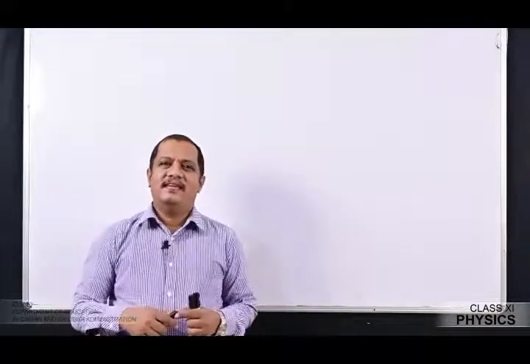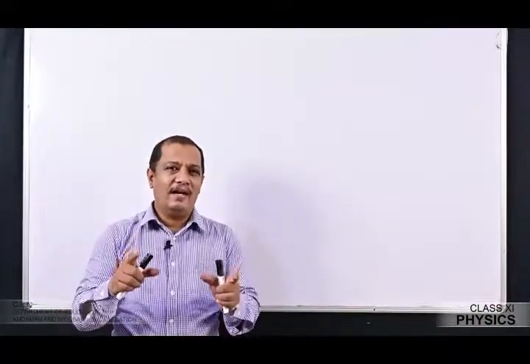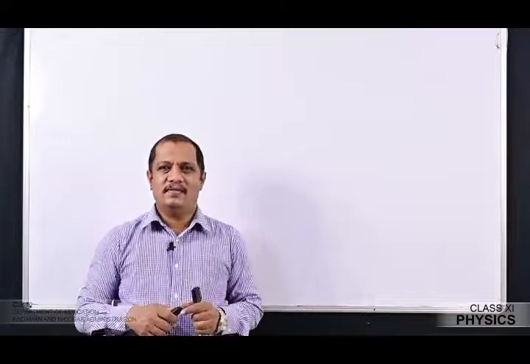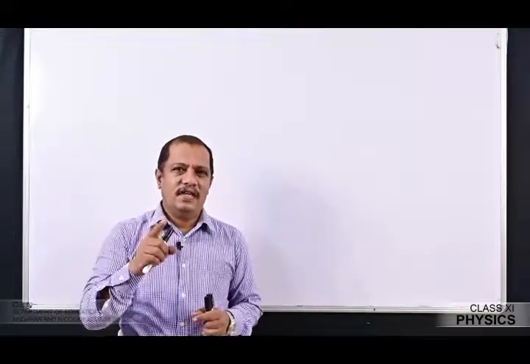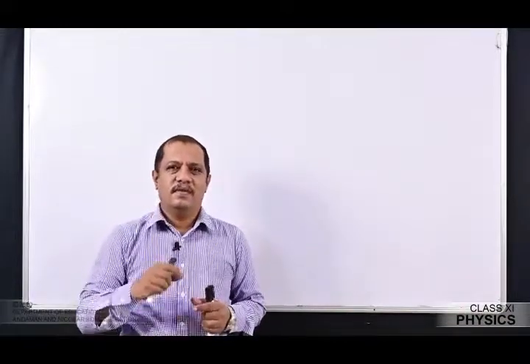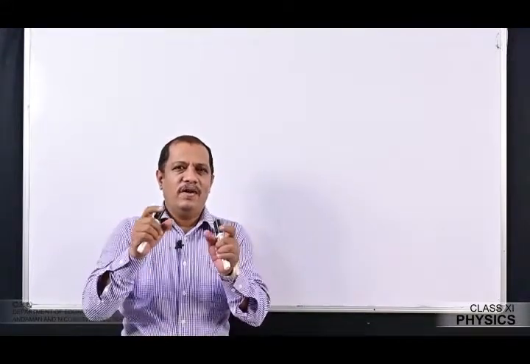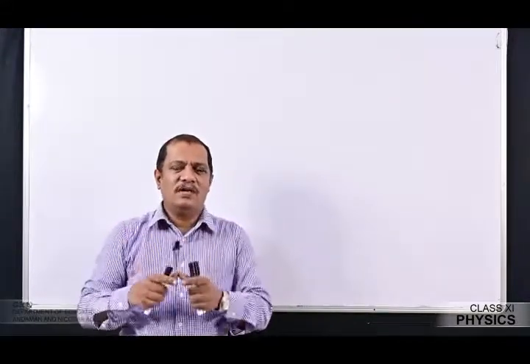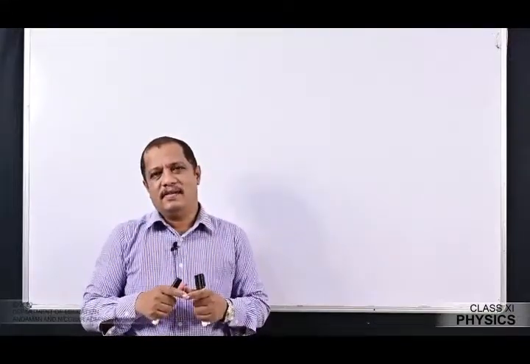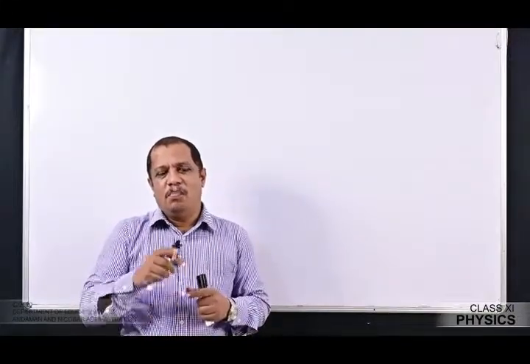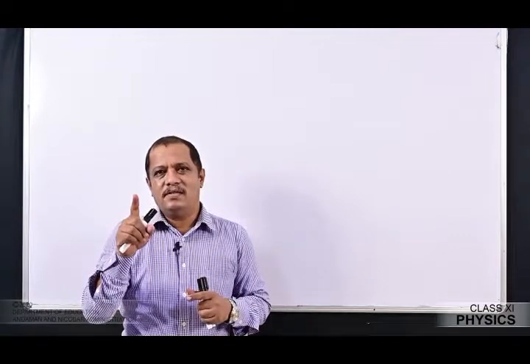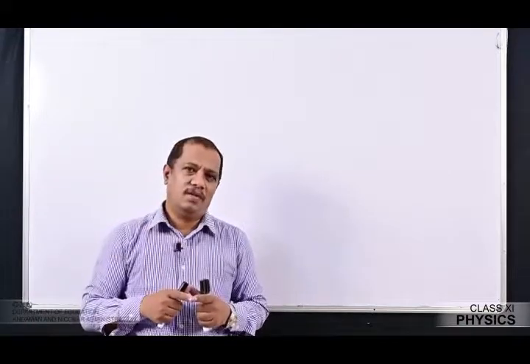Now let's see how can we add two vector quantities. The first and foremost point that we must keep in mind is, when we add two vector quantities in physics, then both the vector quantities must be of same nature. What I mean?